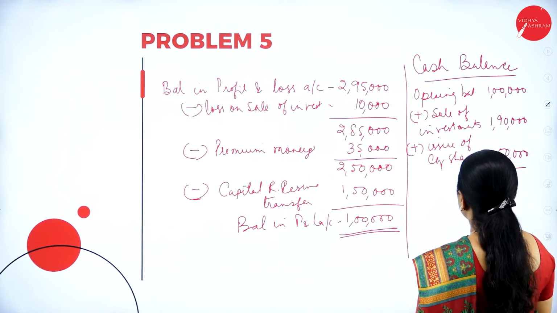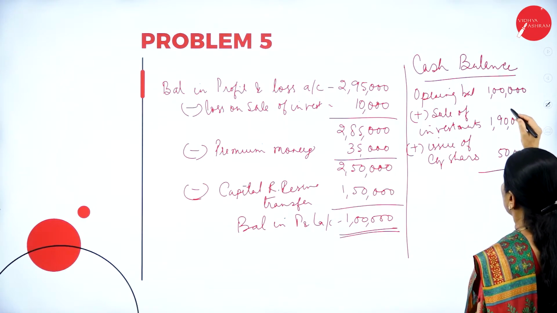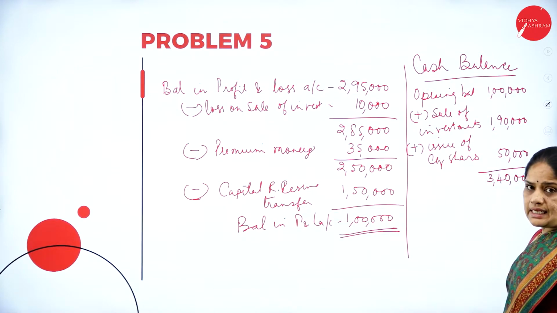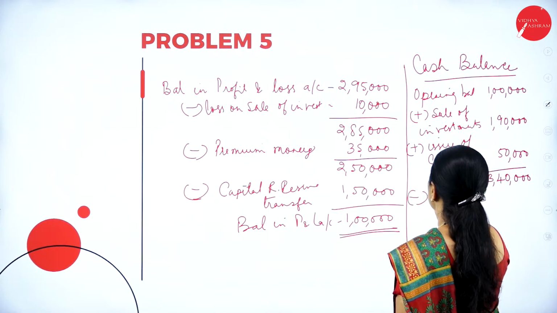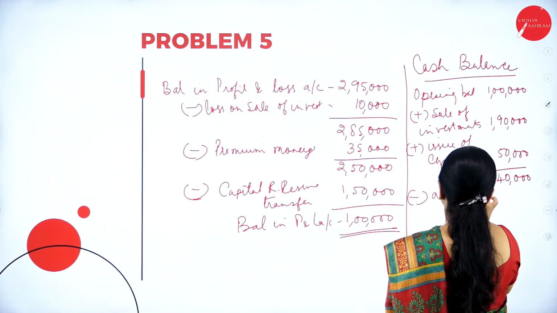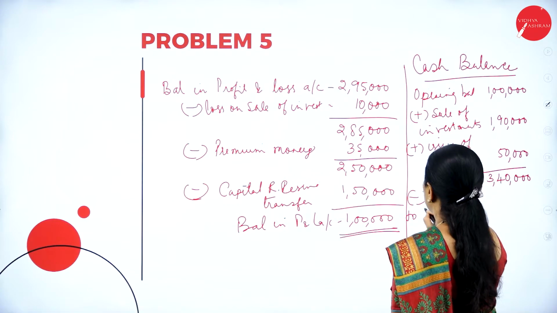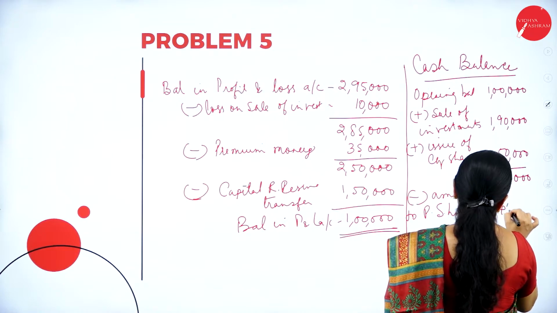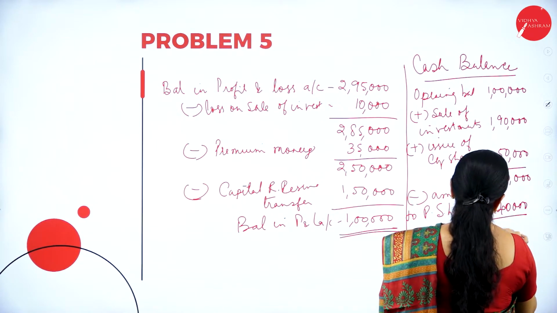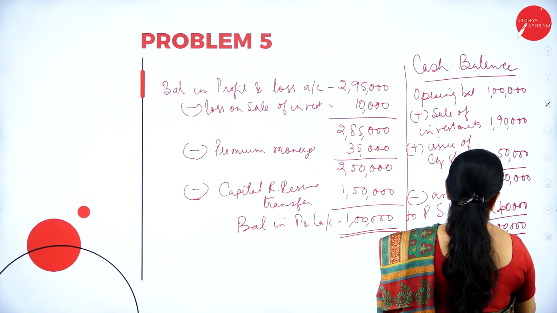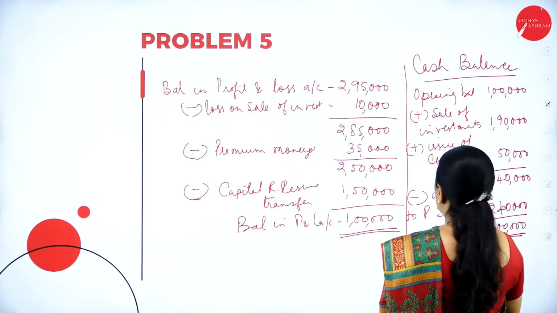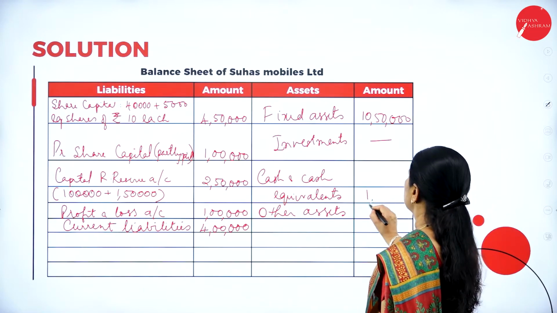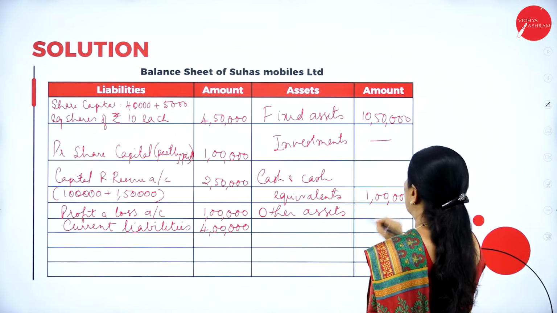So the total will be 1 lakh, 2 lakh, 3,40,000. 3,40,000 less amount paid to preference shareholders. We have paid 2,40,000. So the balance in the cash is 1 lakh. Cash balance is 1 lakh. So I write here cash balance 1 lakh.